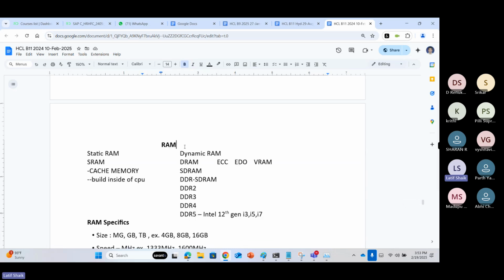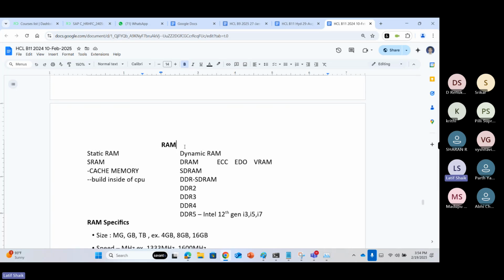Next, there are two types of RAM: static RAM and dynamic RAM, SRAM and DRAM. SRAMs are generally faster because they use pure CMOS transistors inside. So it is very fast and very costly. It is used for cache memory, which is built inside your CPU.